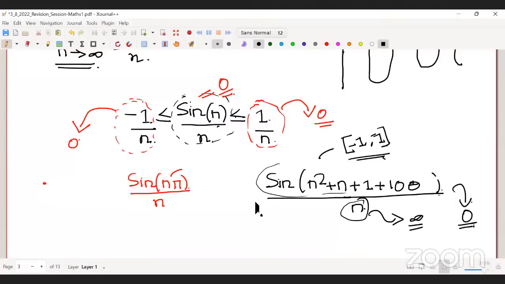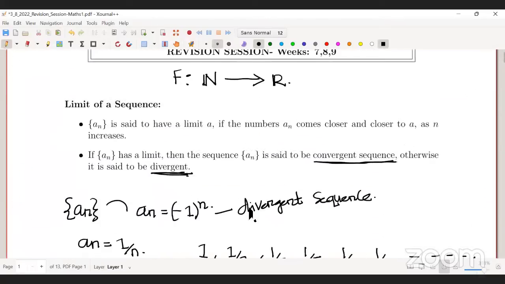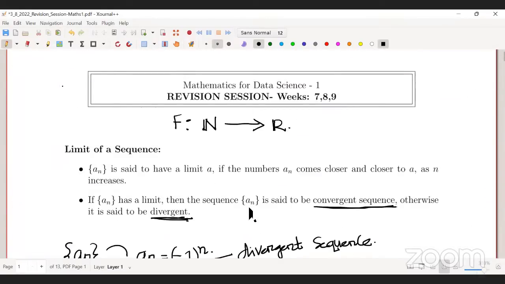First try to understand the difference between limit of a sequence and limit of a function. Limit of a function, you can compute at any point. But by definition, for the limit of a sequence, you need to check where this a_n is going if you take n towards infinity.